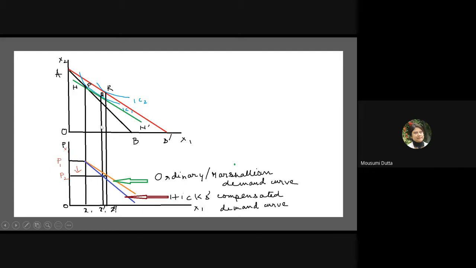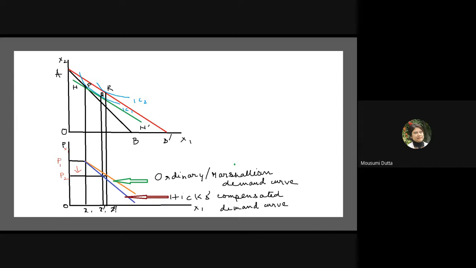So what we are finding is that continuously there will be an increase in demand when a commodity is a normal good. Now today, we will consider otherwise the same scenario. That is, we will consider a reduction in price of X1, other things remaining constant.